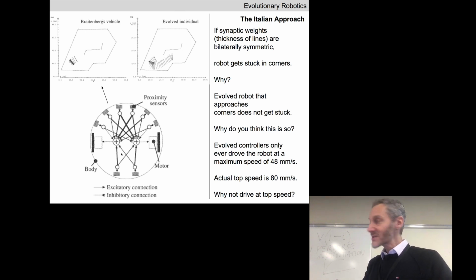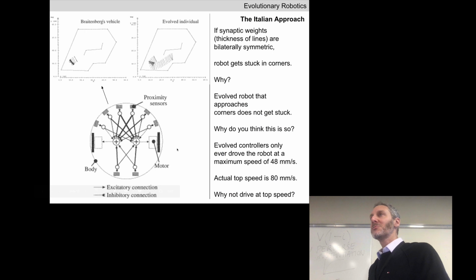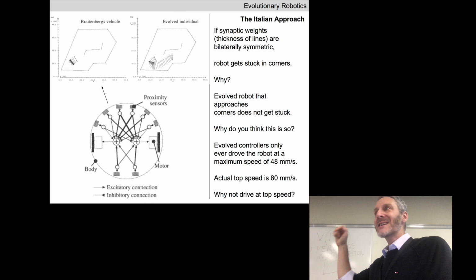You'll also notice, if you stare at this picture long enough, the heads of the arrows, some of them are triangles, which means excitatory connections, and some of them are this other shape, which represent inhibitory connections. Remember that for our purposes, excitatory weights mean positive weights, and inhibitory weights mean negative weights.